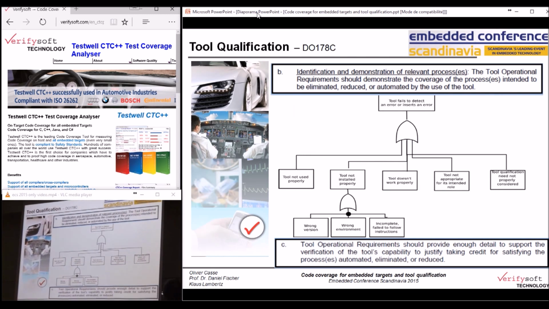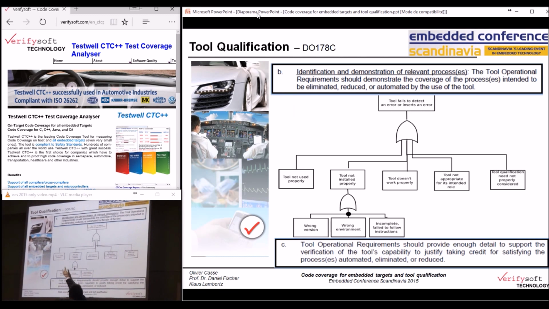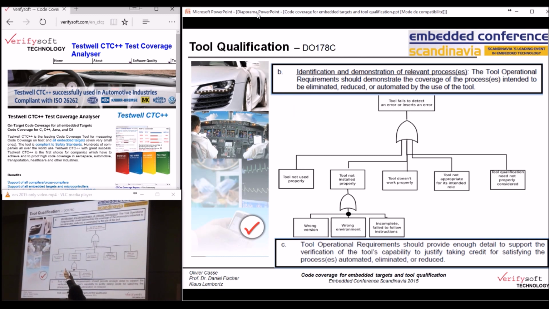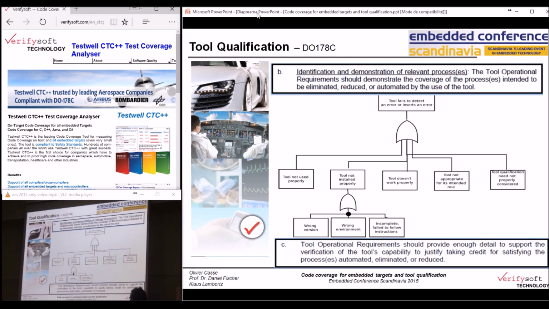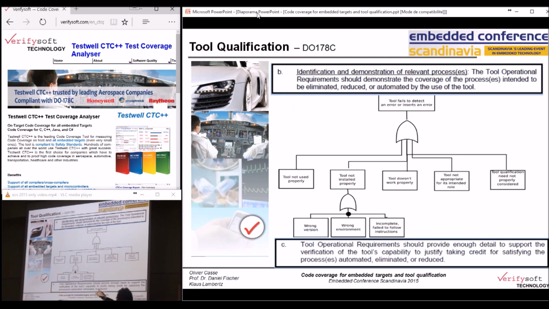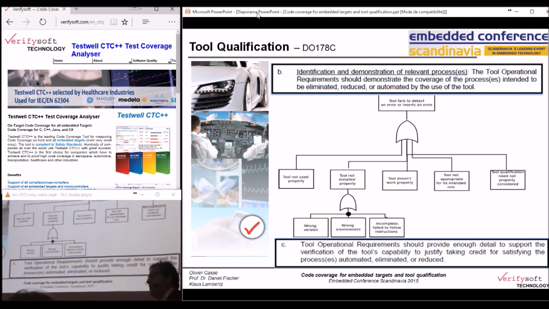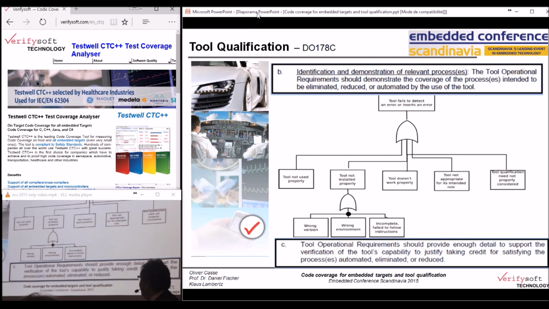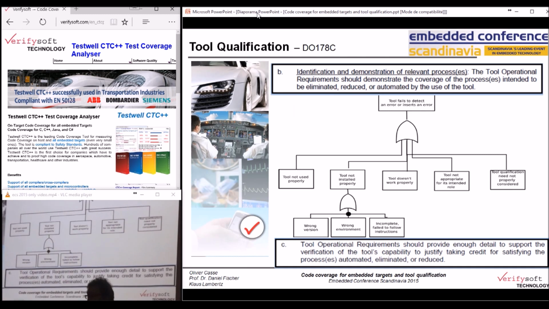I hope you can read this picture. Actually, it's just a matter of how the tool is used. Is it used correctly? We mean by using the right requirements, so the tool operational requirements that the tool vendor provides. So does the user follow exactly these recommendations? Is the tool installed properly?